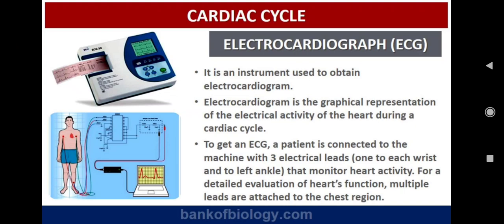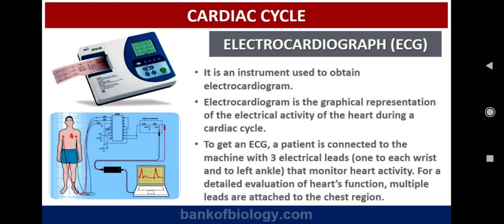To get an ECG, a patient is connected to the machine with three electrical leads, one to each wrist and one to the left ankle. Look at this picture. These three leads monitor heart activity.